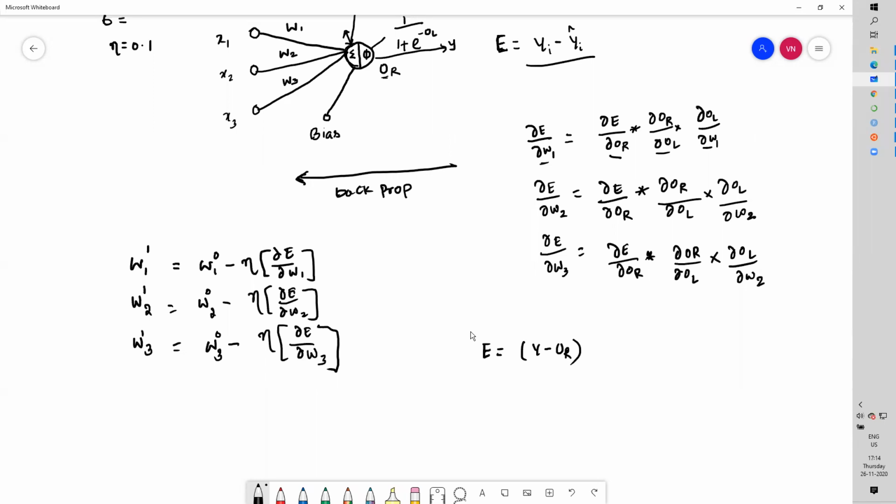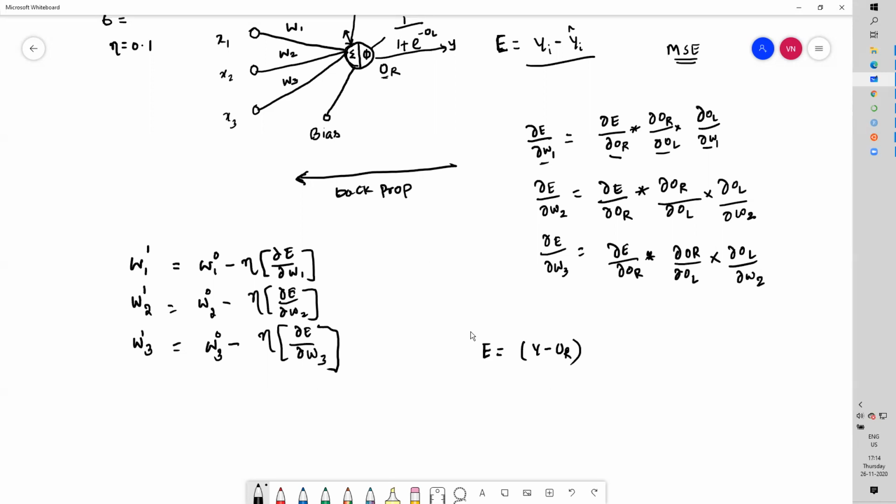Now, if we try to derive this with respect to ∂OR, one more thing that I have to introduce here. The reason is we need to choose a cost function. And what is going to be the cost function? The cost function is not straightforward. Let's say we choose the cost function as MSE, that is mean squared error.